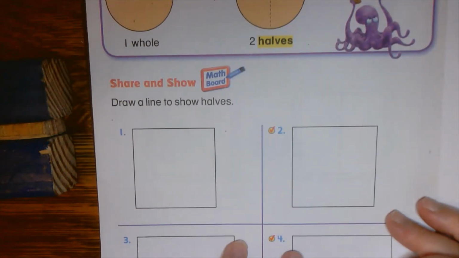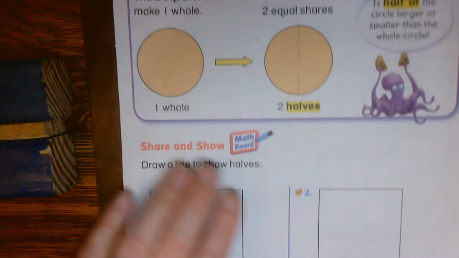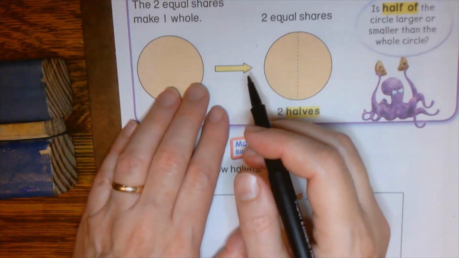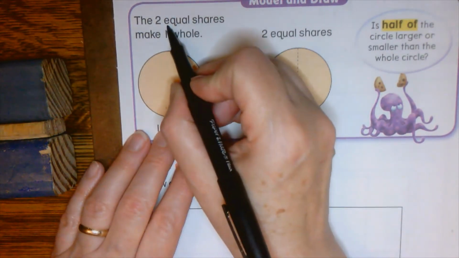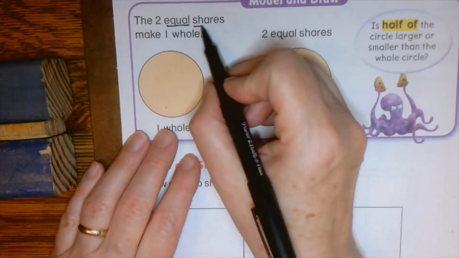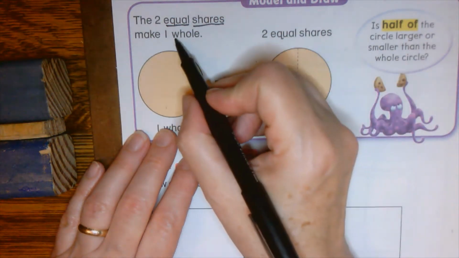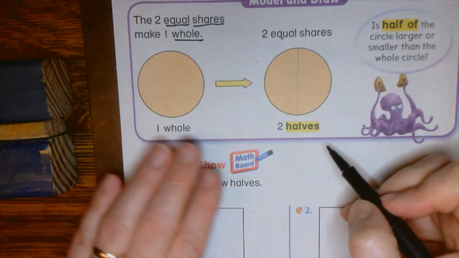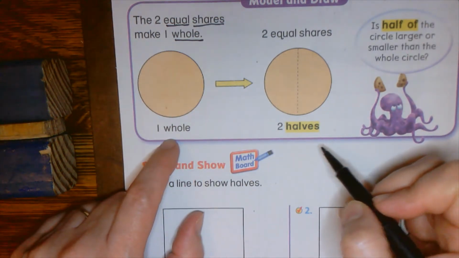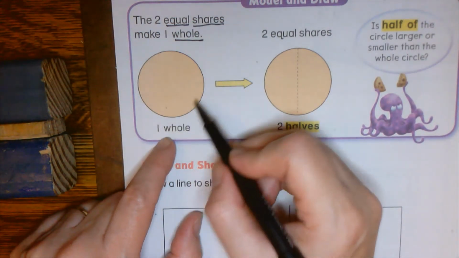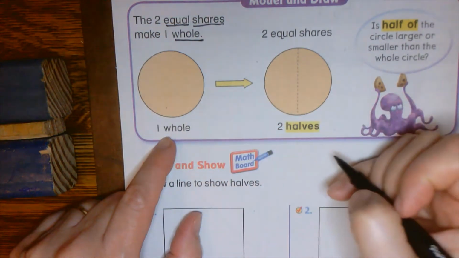All right. So these two equal shares make one whole. We've had a lot of words here that we've been adding in, and some of them, like equal, shares and whole, are words that you're familiar with, but you want to make sure that you really know how they are in math. In math, when we talk about a whole, we mean one, this thing not chopped up into any parts.